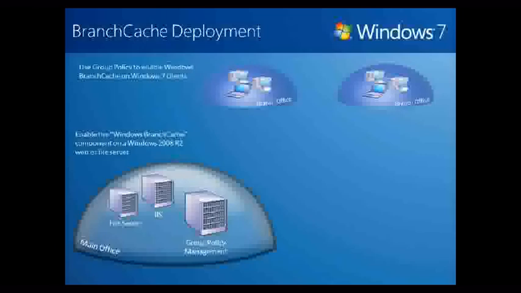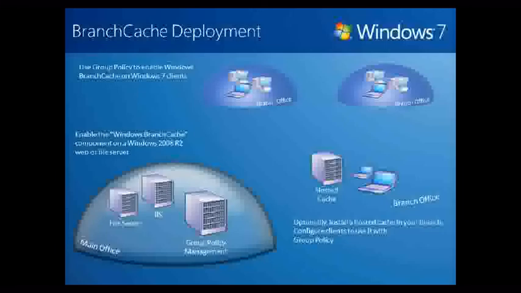In effect, what this means is when somebody connects to a file, they download it. It supports SMB and normal files, file copies, HTTP and SMB. So when I download a file, I've got to download it from the central office, and if that connection is really poor, I'm going to have to deal with that.